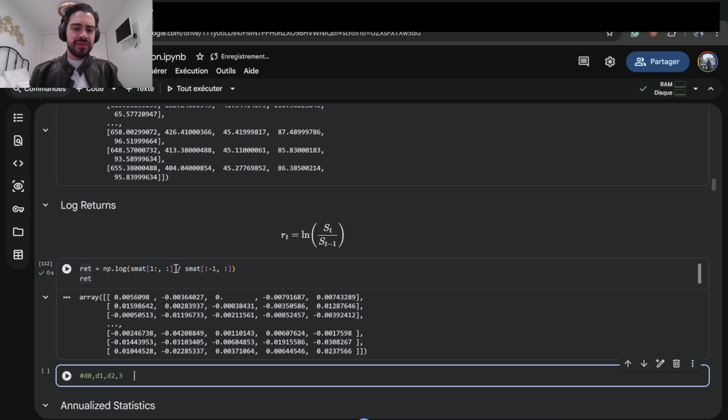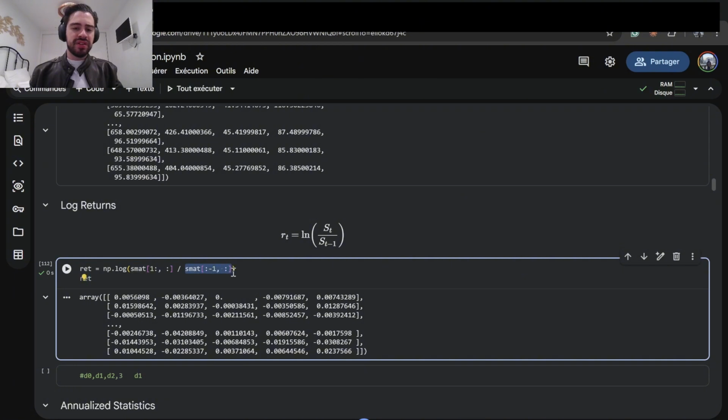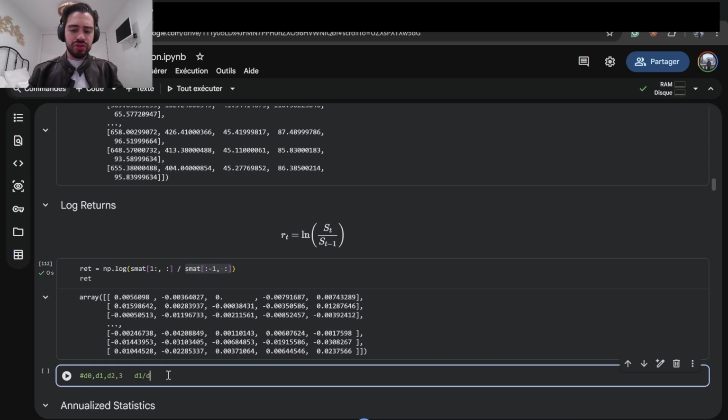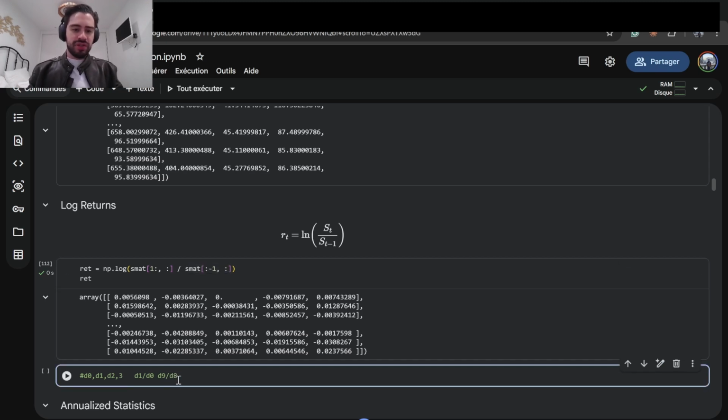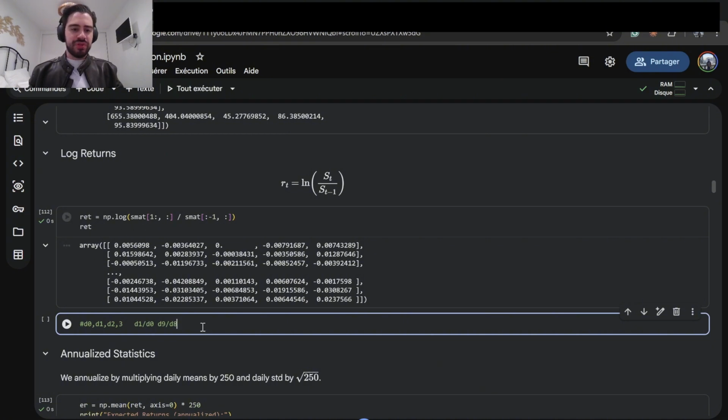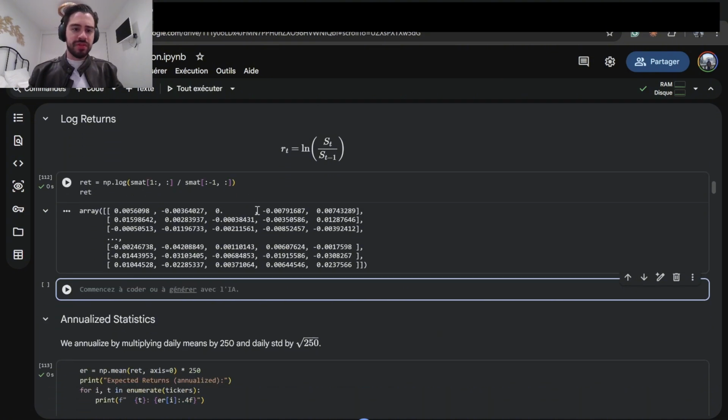This line here, you're excluding the first line, so you're getting D1. And this line here, you are excluding the last line, so here you're getting D0. So it's basically the log of D1 divided by D0. And the same thing, here you get D9, which is the last line, and here, since you exclude the last line, which is D9, it's going to be D8. So that's how you get the returns by using NumPy.